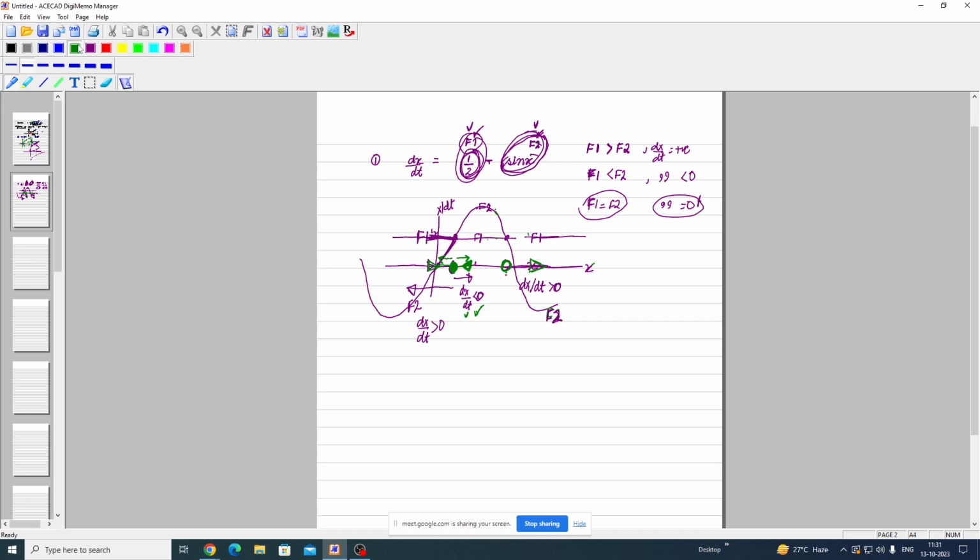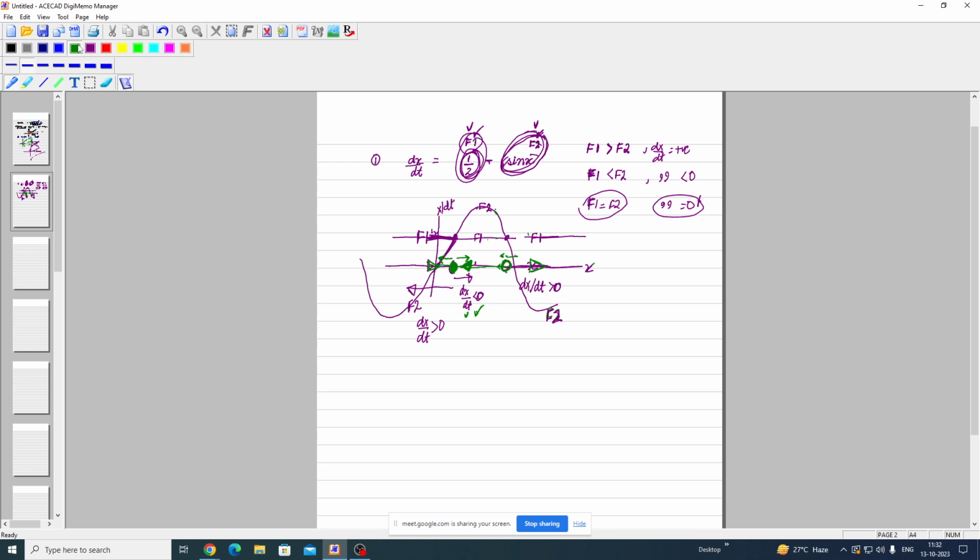Let's see what happens when I start from the unstable fixed point. I will always stay at the unstable fixed point. But if I introduce some perturbation and I force this object to move slightly to the left, what will happen? As it moves away from the fixed point slightly to the left, dx by dt is negative, it will keep on reducing. It will move further and further away from the fixed point.